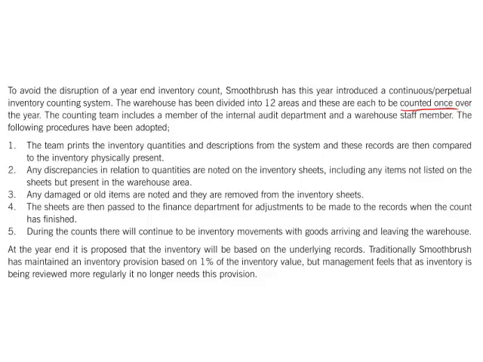The accounting team includes a member of the internal audit department and a warehouse staff member. Now, I said I thought this was quite good. It would certainly be bad if two members of the team were both warehouse staff members, because they have a potential vested interest in not reporting discrepancies.